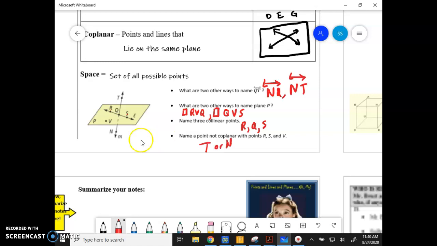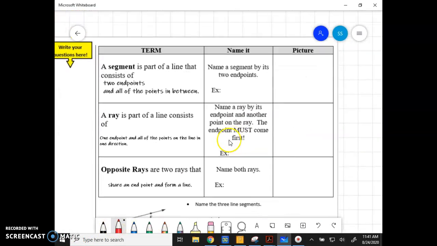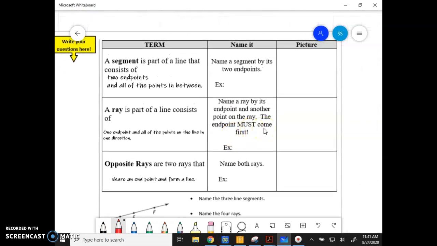All right. Okay, moving on. Let's see, got a few more definitions. We have the first one here, a segment. A segment is a part of a line that consists of two endpoints and all of the points in between. Okay, so let's make a picture here.